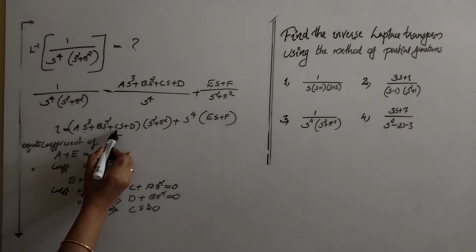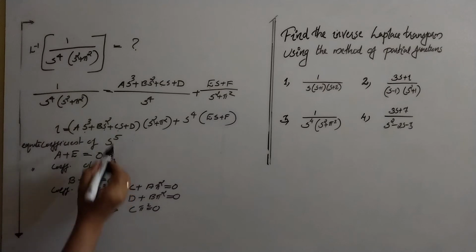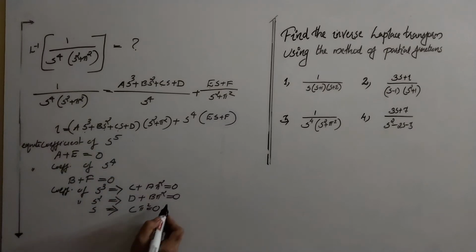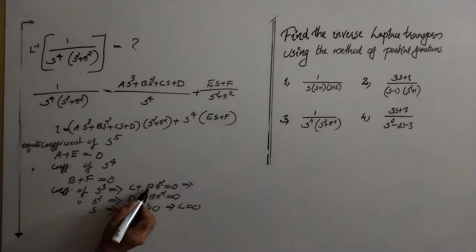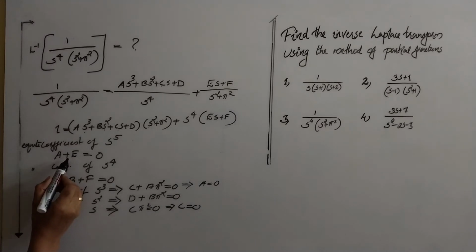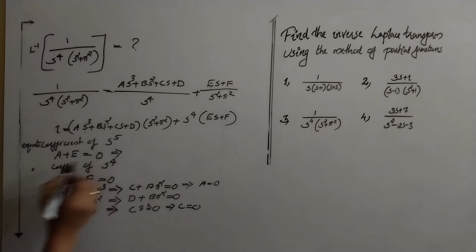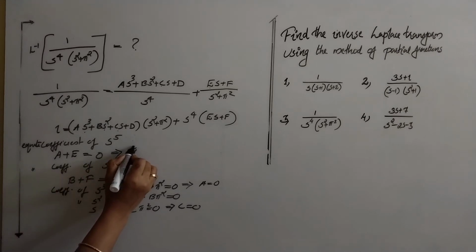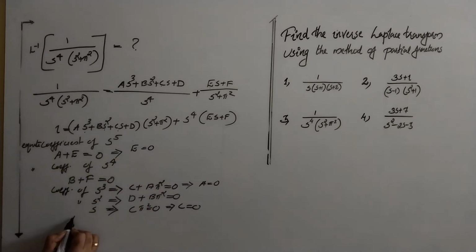C into s into pi square, so the coefficient of s is c pi square is equal to 0. This implies c is equal to 0. If c is 0, a is also 0. Now a plus e is equal to 0, so if a is 0, e is also 0. So a equal to c equal to e equal to 0.